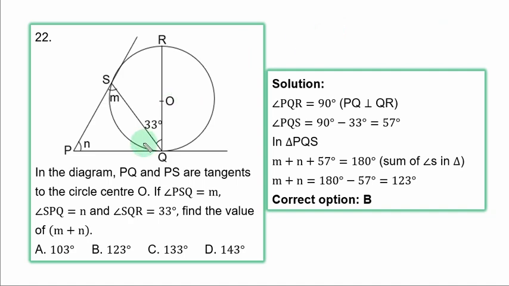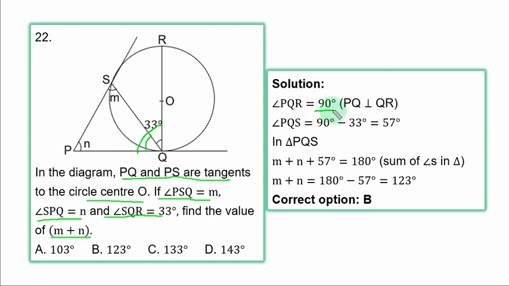Question 22. In the diagram, PQ and PS are tangents to the circle center O. If angle PSQ is equal to M, angle SPQ equal to N, and angle SQR is 33 degrees, find the value of M plus N. Once we can get this angle and you add the three angles together, their sum is 180, you can get M plus N. Now the whole of this angle PQR is 90 degrees.